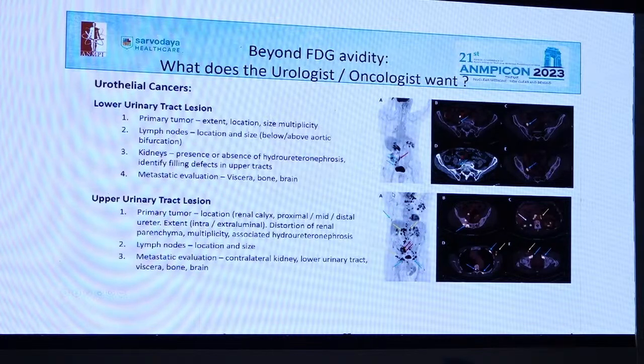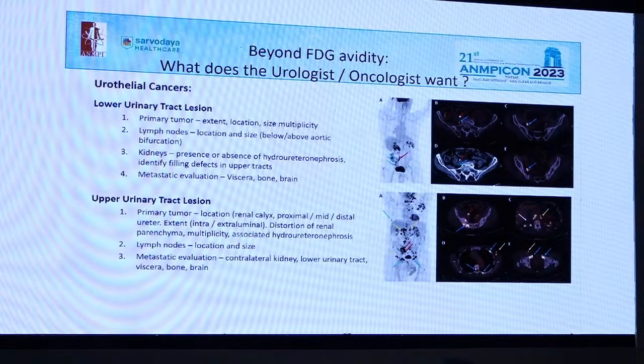Coming to upper urinary tract lesions, again, description of the primary tumor, the location, either the renal calyx or the proximal, mid or distal ureter, the extent, the intraluminal as well as the extraluminal extent of the lesion, distortion of the renal parenchyma, whether the Gerota's fascia has been disrupted by the mass, multiplicity of the tumor, and associated hydronephrosis.